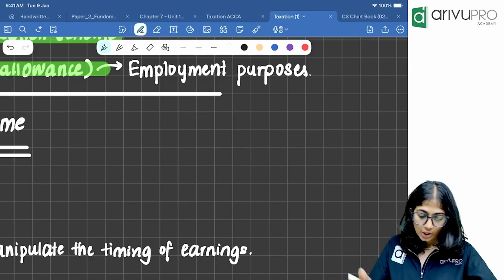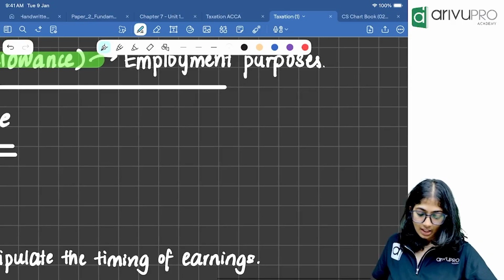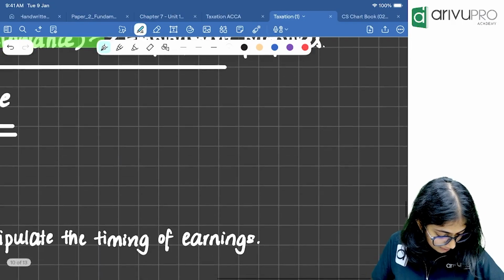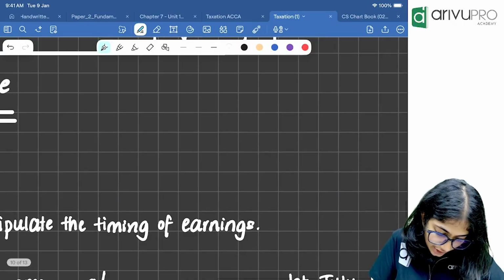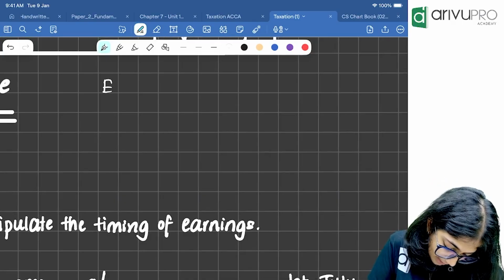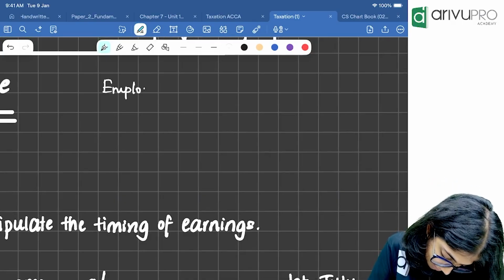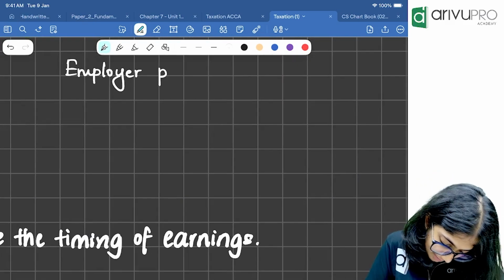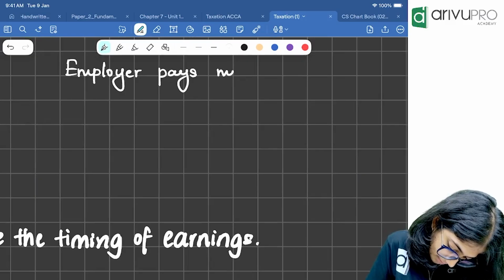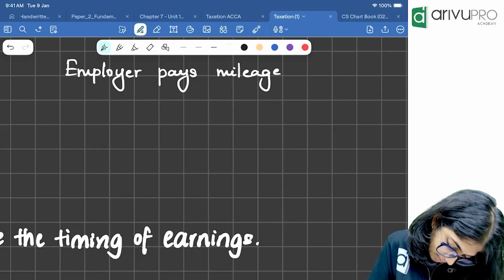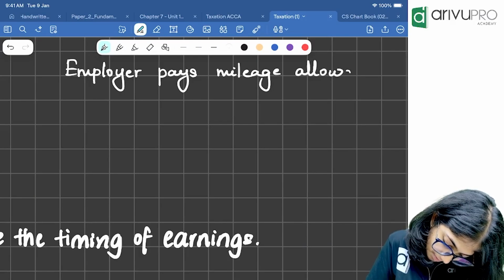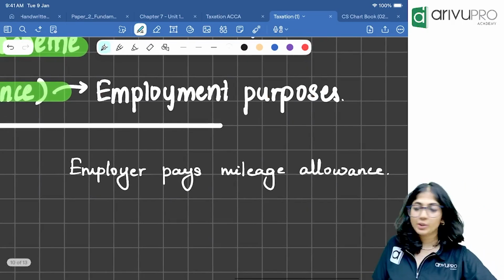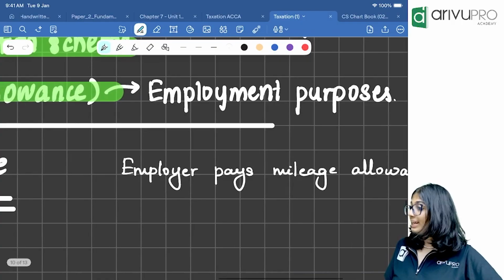Cool. So what's going to happen here is the employer pays a certain amount of mileage allowance. Employer pays mileage allowance.